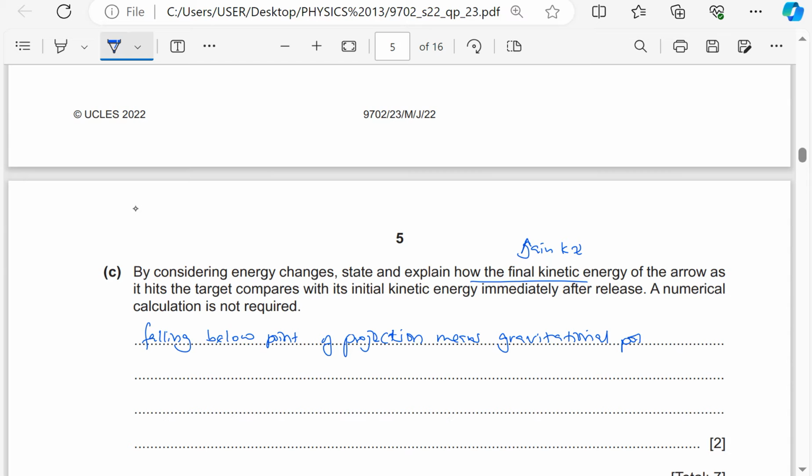But because total energy must be conserved, kinetic energy increased.